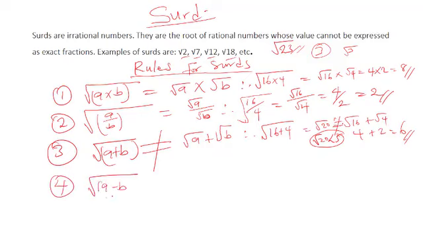Square root of A minus B is never the same as square root of A minus square root of B. So these are the 4 basic laws that govern Surds. I would like you to always take a reference from this each time we want to solve questions on Surds.